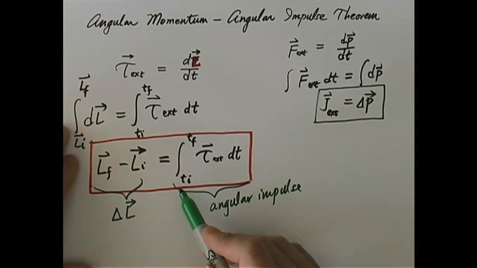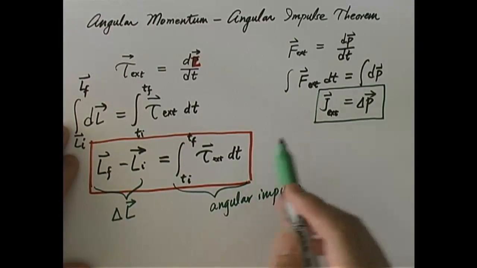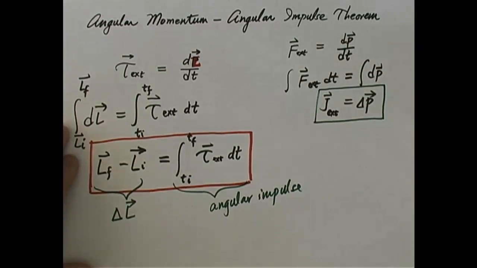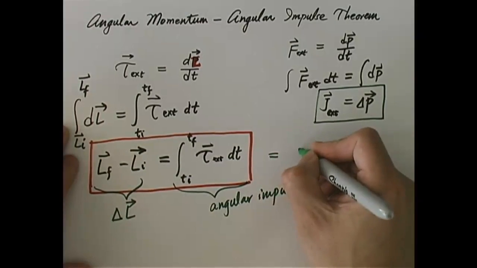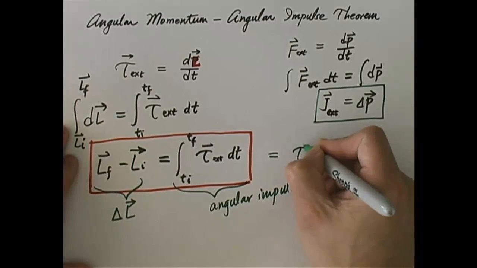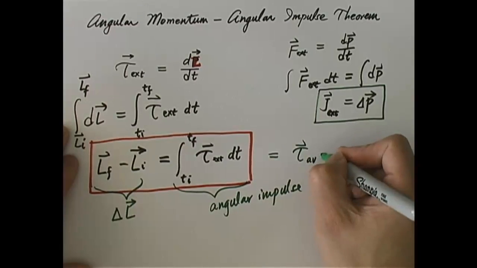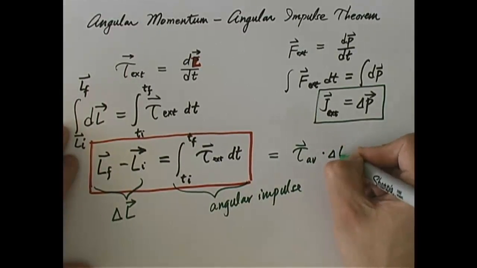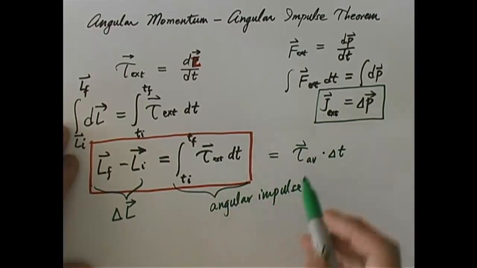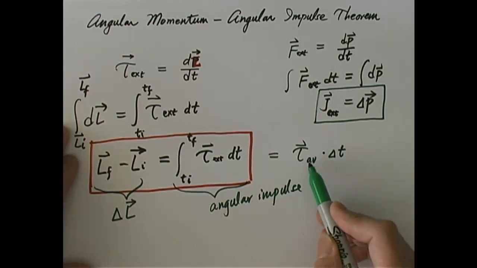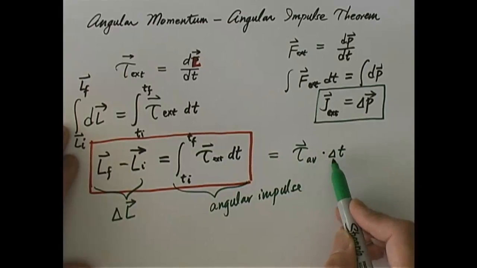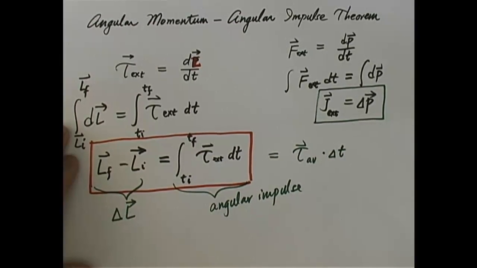Then I can work this out into an exact formula for this integral. It is just the average torque times delta t. That is the definition of average value. You just take this integral divided by delta t. So if I know the rough value of average torque and the time interval delta t, I can figure out the change in angular momentum.